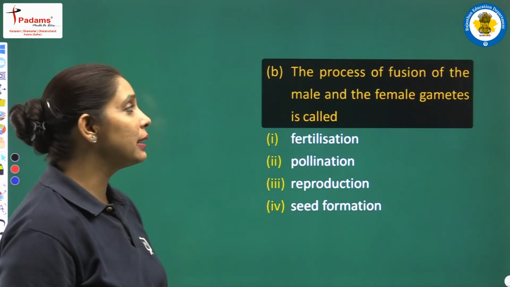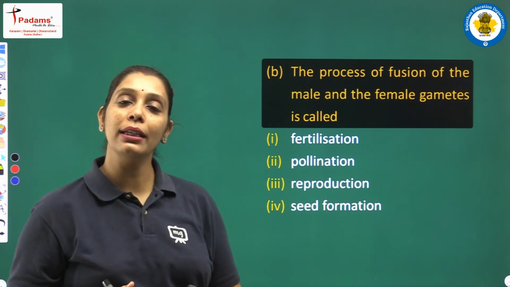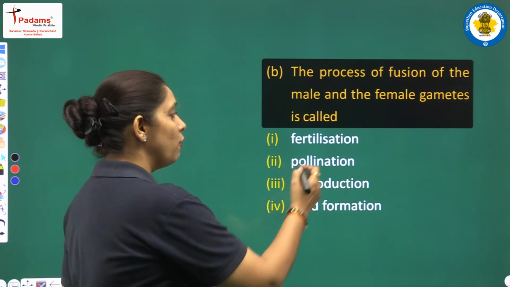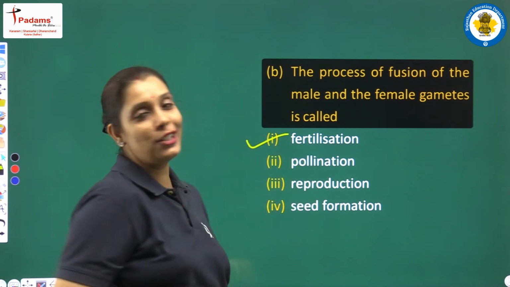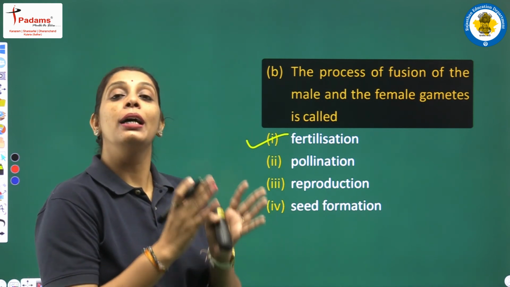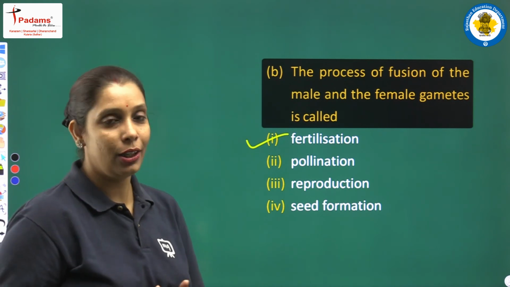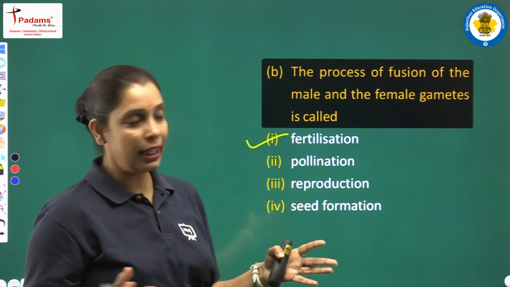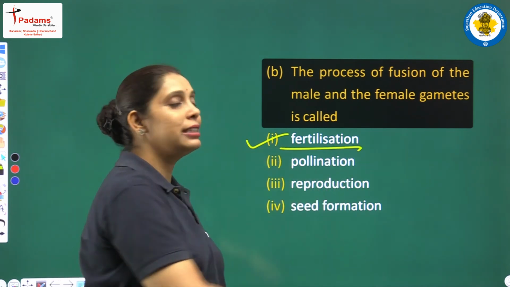Move to the next one, class. The process of fusion of male and female gametes is called what? Fertilization? Yes. Is it pollination? No. What does pollination mean? Transfer of pollen grains from anther to the stigma of pistil. Okay. Reproduction is a different thing. Seed formation is a different thing. So the correct answer is fertilization.